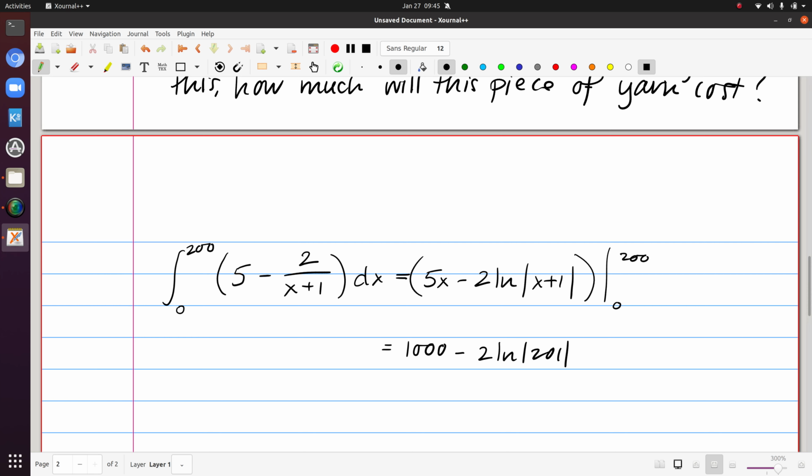Now, that's hard to quantify looking at that. So if you were to throw this into a calculator, it turns out you would get roughly 989.39. And again, my units here would be in cents. So we see that, as expected, we would pay less with this rebate, and this tells us exactly how much less we would pay.